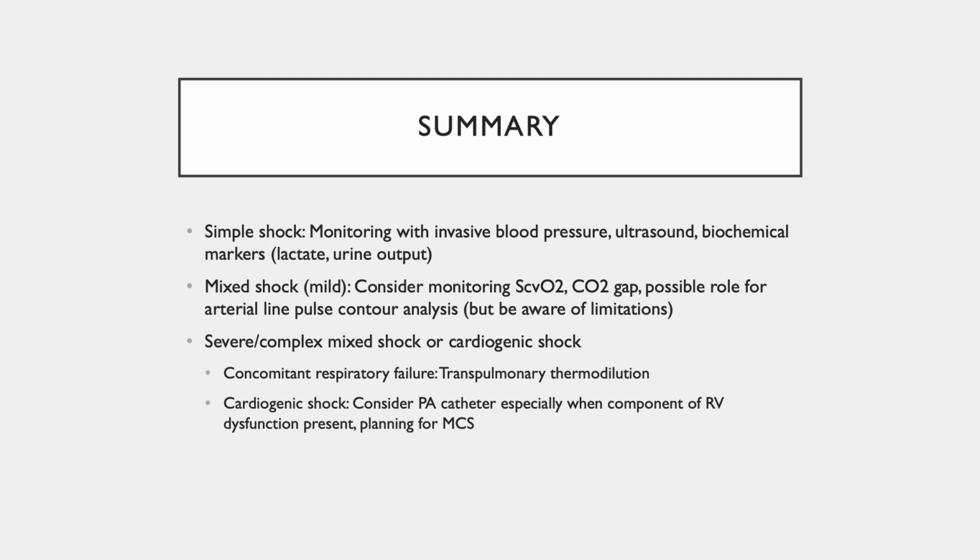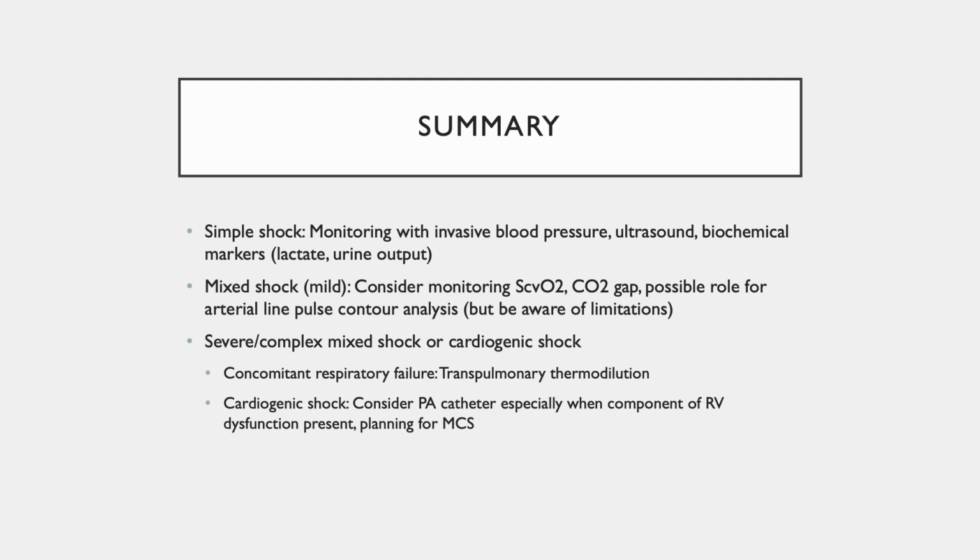In summary, in patients with simple shock states like in hypovolemic or vasodilatory shock like in septic shock, invasive blood pressure monitoring using an arterial catheter paired alongside episodic ultrasound and biochemical markers like lactate, urine output, and clinical parameters like capillary refill time usually suffice in guiding management in these patients.